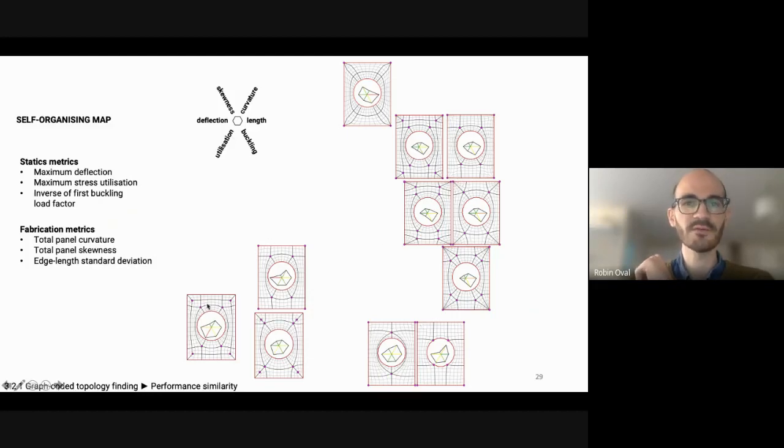All of these ones don't, for instance. And so that actually highlights a relation between the performance similarity and topological similarity. And so that's what drove me to explore or to test the next method, which is, based on similarity, to inform the topology finding process.